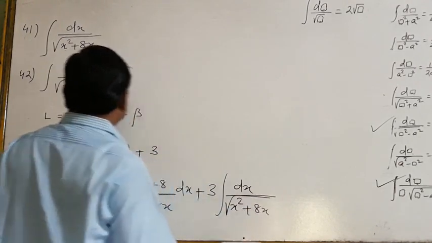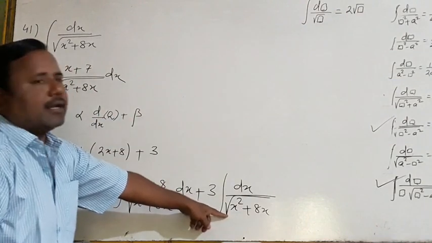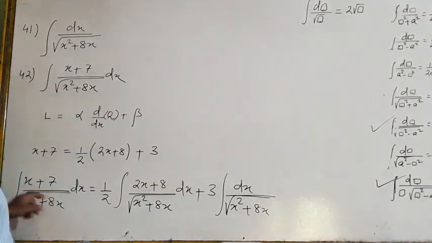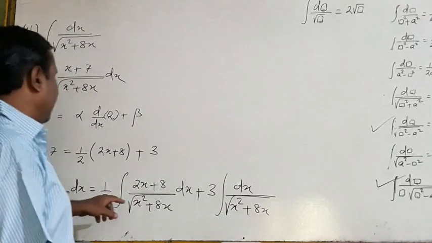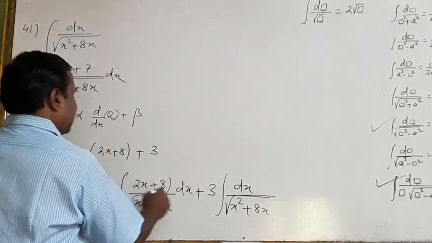Now look at here. Is it not number 41? Yes, sir. It is 1 by 2 times 2x plus 8 dx.